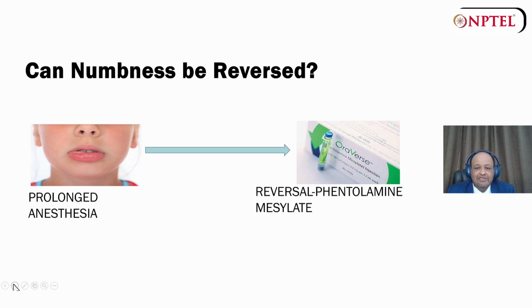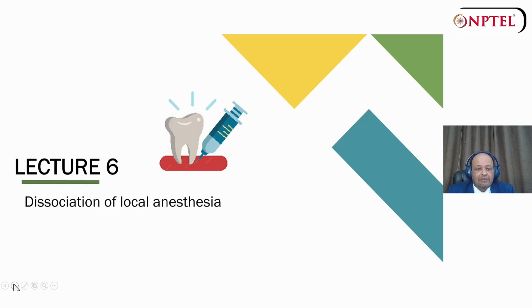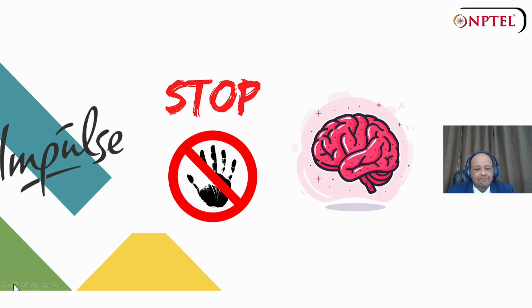This particular lecture is beyond the domain of discussion. My colleagues would be discussing how we can overcome the toxicity and what is the reversal of local anesthesia. So the next lecture, the penultimate lecture, is on the dissociation of local anesthesia.